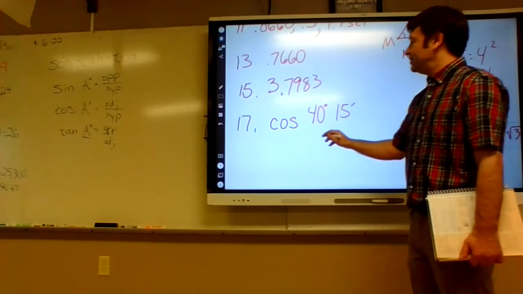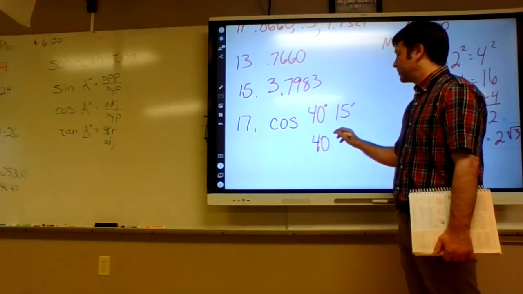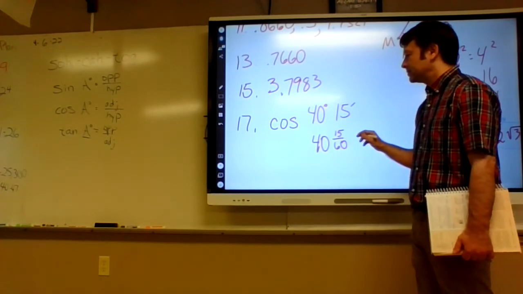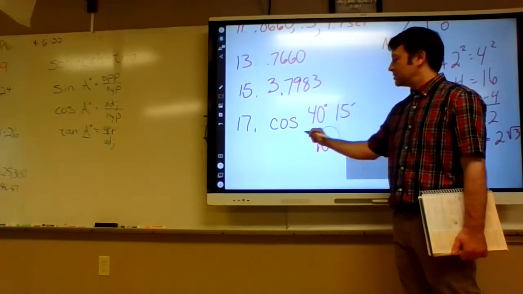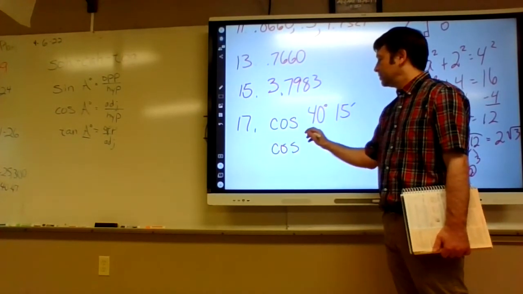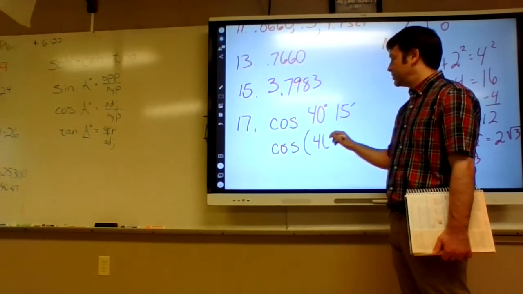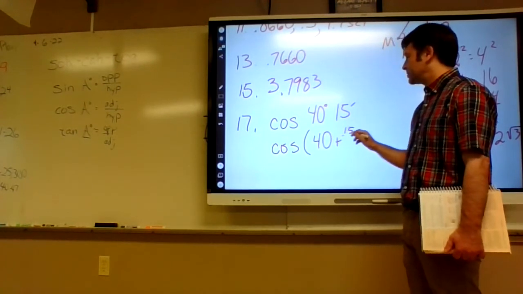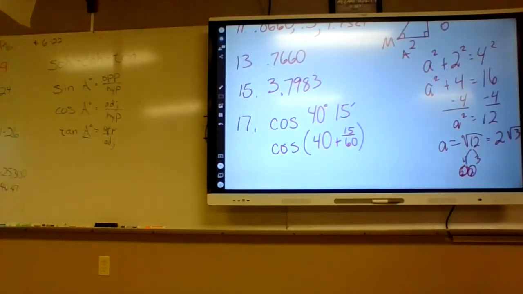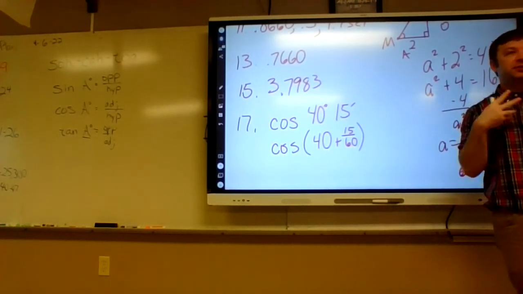So 15 minutes is like 40 and 15/60th degrees. Here's how I recommend you plug it in the calculator. Cosine, parentheses, 40 plus 15/60. And that should work. Minutes are out of 60. So that makes sense why they're called minutes, get it? Because it's 1/60th. It's not a joke, it's just a thing.